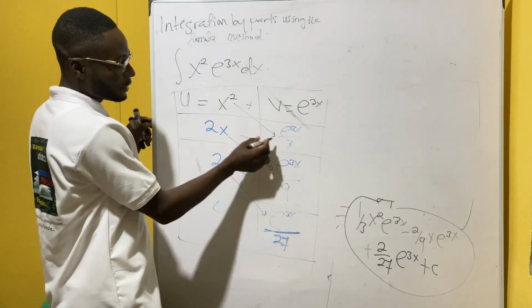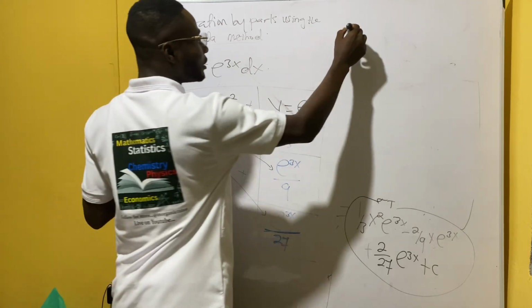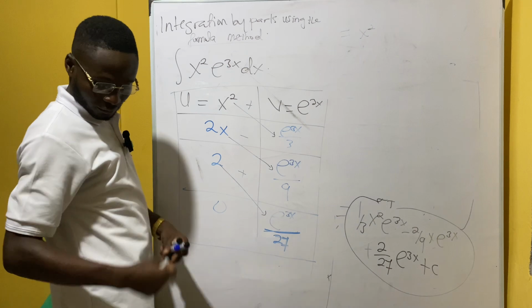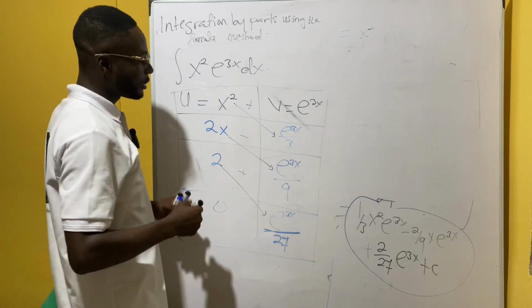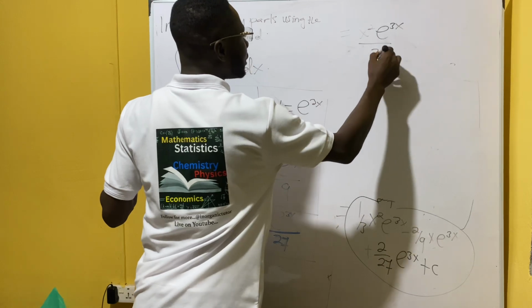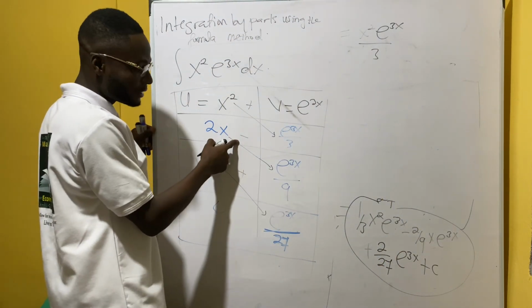So this takes this, right? This multiplies this, but the sign is positive, so it's going to be x squared e^(3x) all over 3. Then this multiplies this, but the sign over there is negative, right?